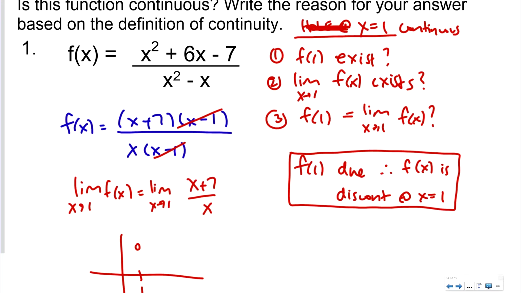If we plug in the 1 here, we get 8 over 1. So the hole is at (1, 8), and here's the hole.